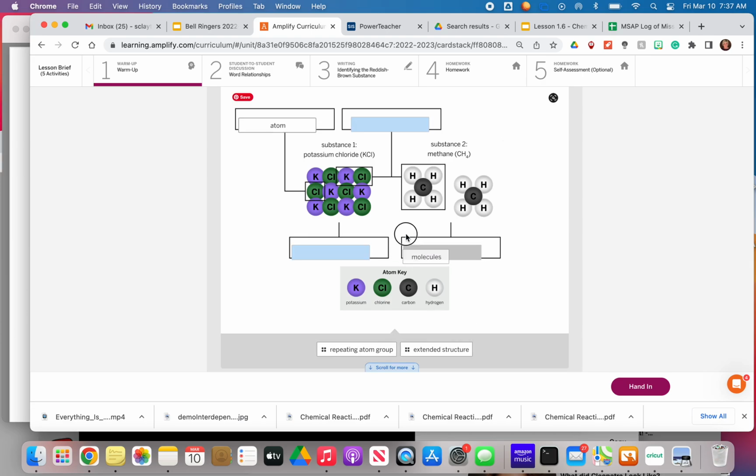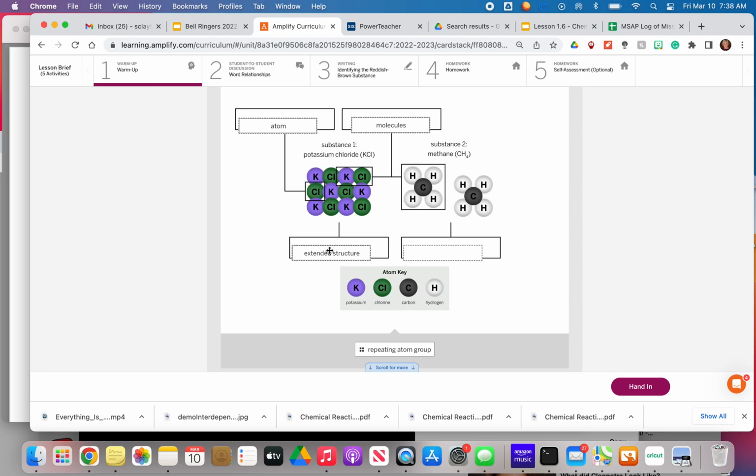They are groups of atoms that are arranged in a particular way. The next thing that we're going to look at is the one big group of potassium chloride, repeating molecules over and over and over again. That would be an extended structure.